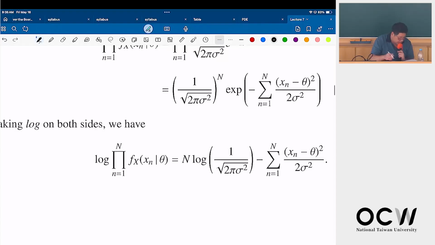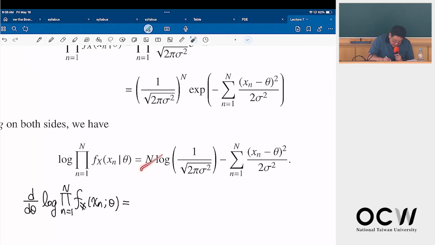So to take the derivative, log of the summation n from 1 to capital N f xn.